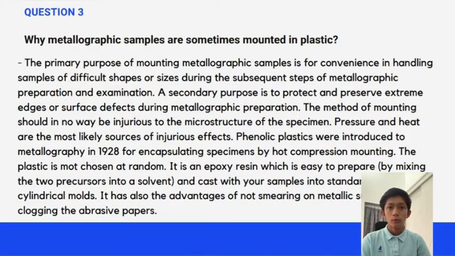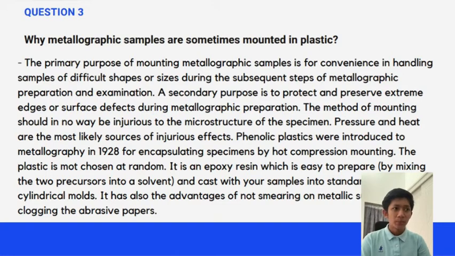Okay, so for the discussion number 3, the question is why metallographic samples are sometimes mounted in plastic. The answer is the primary purpose of mounting a metallographic sample is for convenience in handling samples of difficult shape or size during the subsequent steps of metallographic preparation and examination.